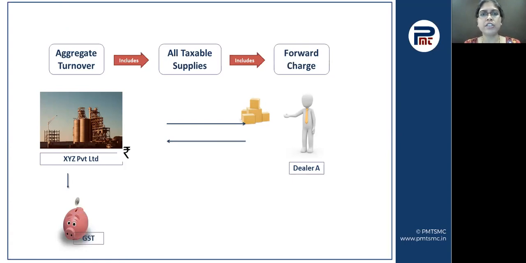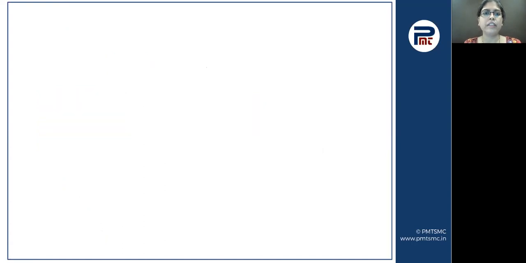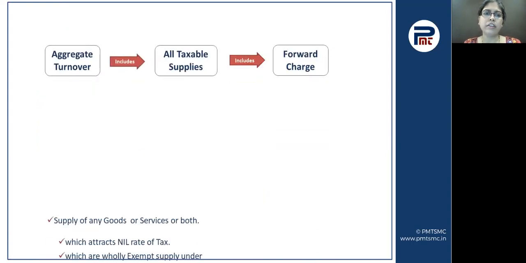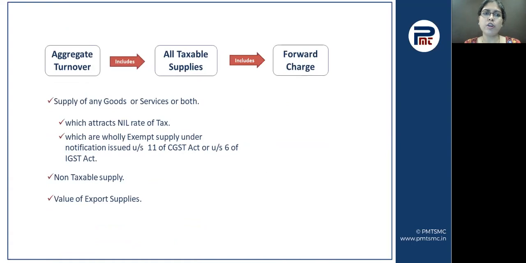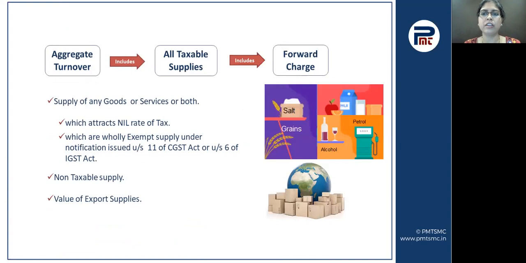So all the transactions which are covered under forward charge, the value of all such transactions has to be considered while calculating the aggregate turnover. Next, it also includes the supply of all goods and services or both, which attract nil rate of tax. The nil rate of tax goods, for example, are salt and grains.